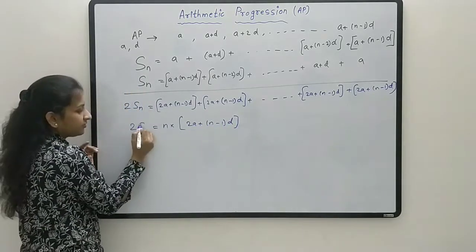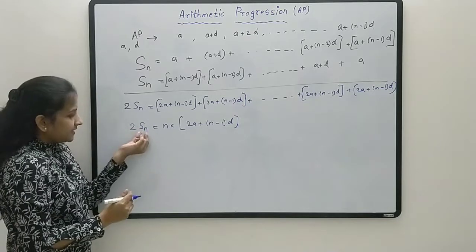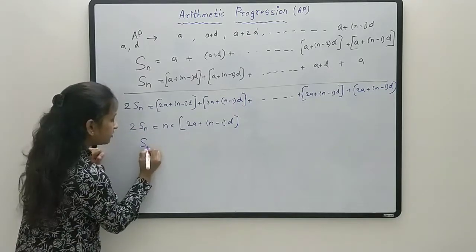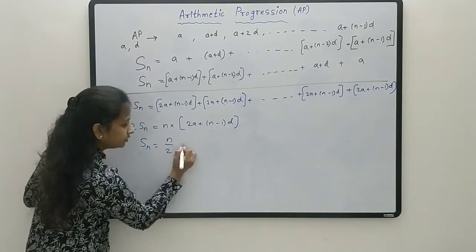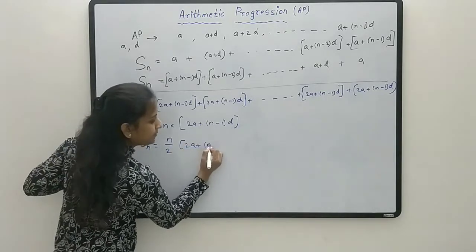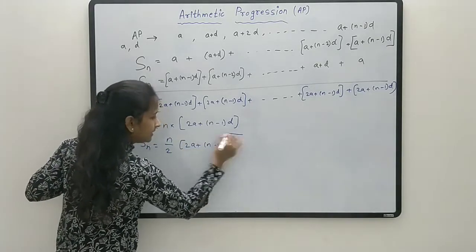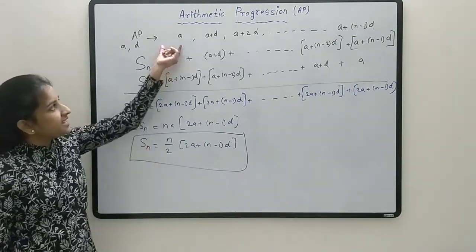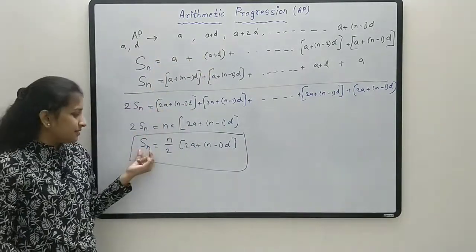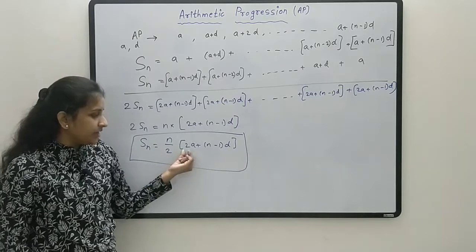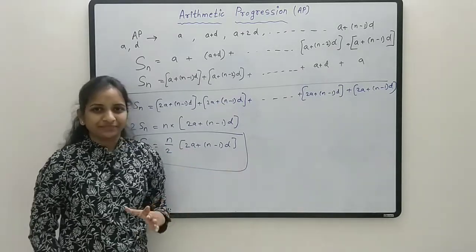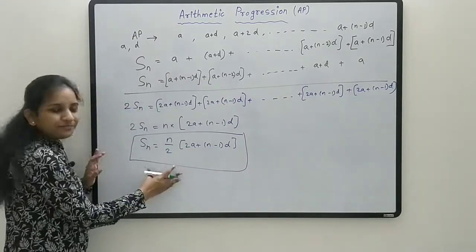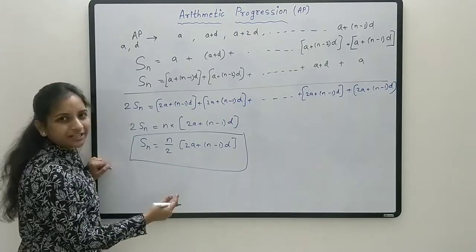This is twice of Sn. Then what is Sn? This 2 goes in denominator, n by 2, 2a plus n minus 1 d. This is our formula to find sum of first n terms of AP series. Sum is equals to n by 2 into 2a plus n minus 1 d. Understood? This sum formula we can write it in another way.